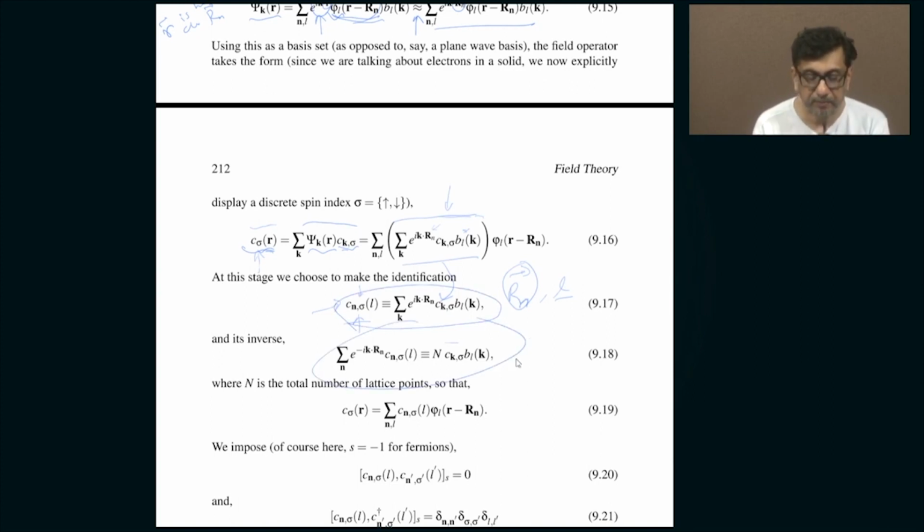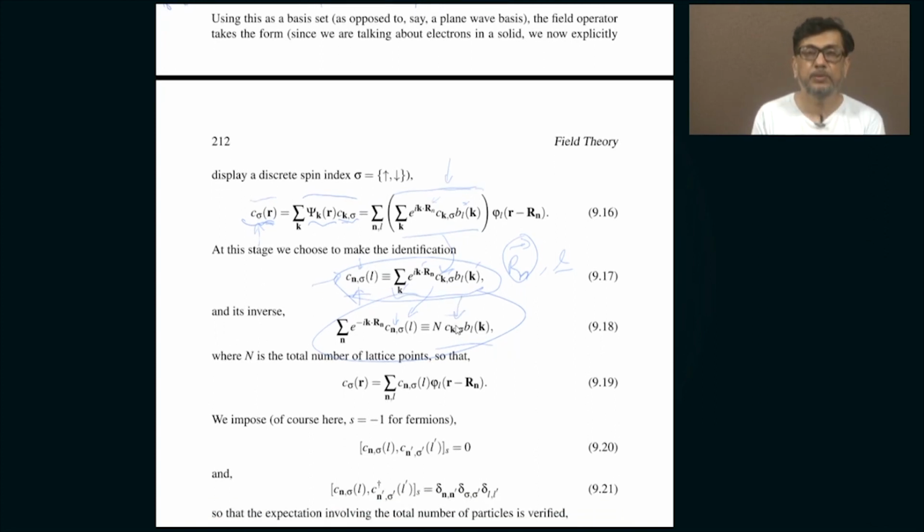You can easily convince yourself this is correct: take this formula, change k to k dash, because then it becomes a dummy index that you are summing over, then insert this formula here, and then you sum over n, you will get this result. You can see that this is an identity. This tells you how to annihilate an electron with momentum k with spin projection sigma.